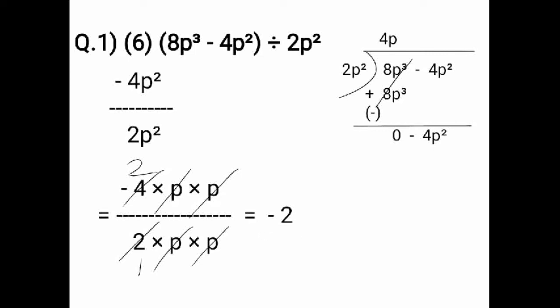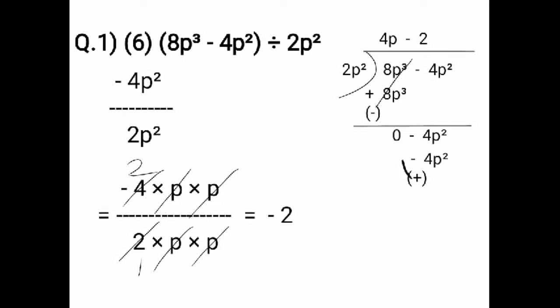Now in this place you have to write 2p square into minus 2. 2p square into minus 2, what answer are you getting? Minus 4p square. Okay. Now you have to take the opposite sign plus because the minus sign is there here. Always remember, for the second number which is there vertically, whichever sign is there, you have to take the opposite sign.